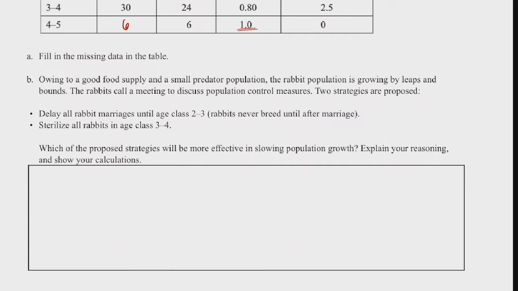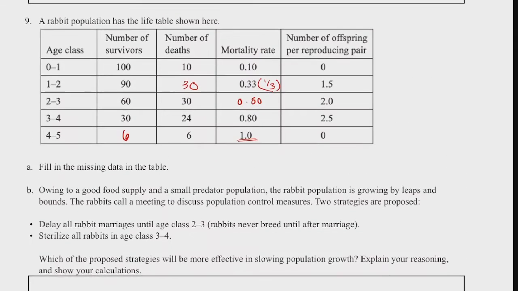So for B, in the first 2 years of the rabbit's lives, each reproduction pair has an average of 1.5 offspring. For a cohort of 100 rabbits that are in age class 0 to 1, 90 or 45 pairs of rabbits will each have 1.5 offspring approximately.